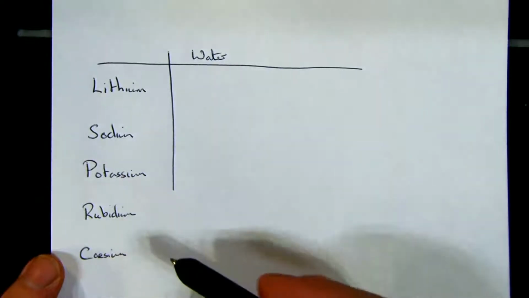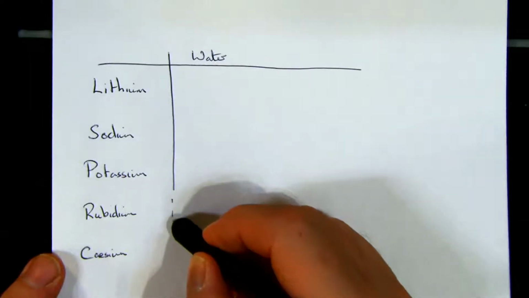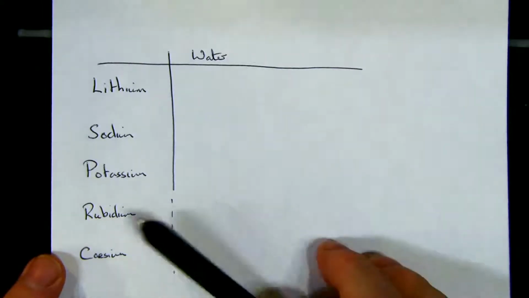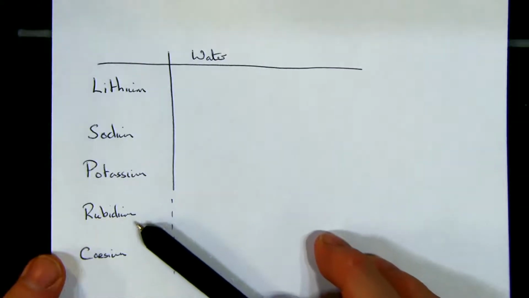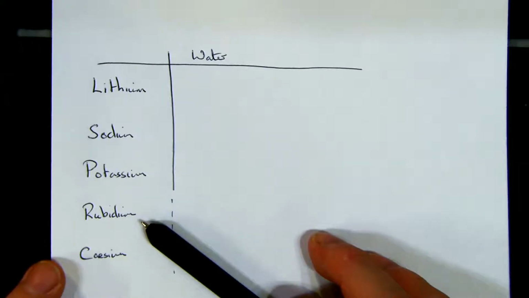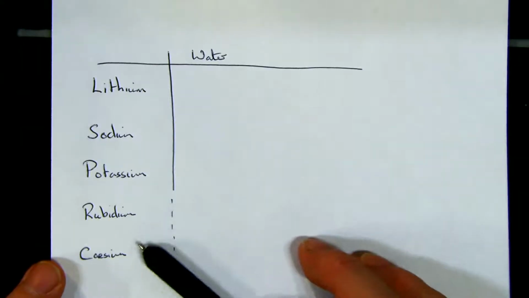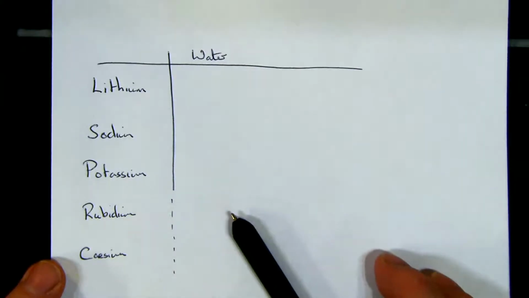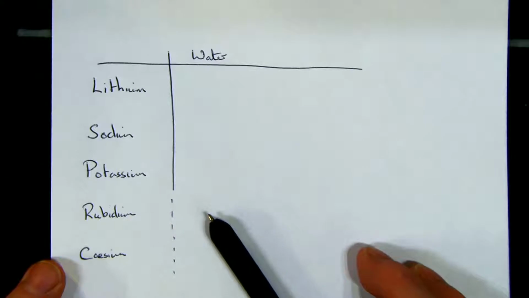Now, I'm not going to look at these two elements because basically I can't afford them. Rubidium comes in at around £100 a gram, cesium slightly more, and it's an expensive experiment to try and do.